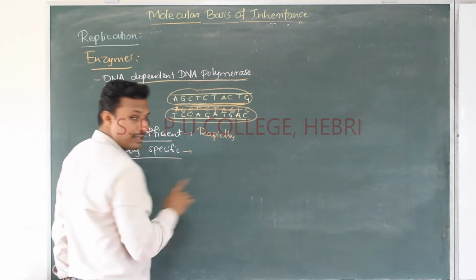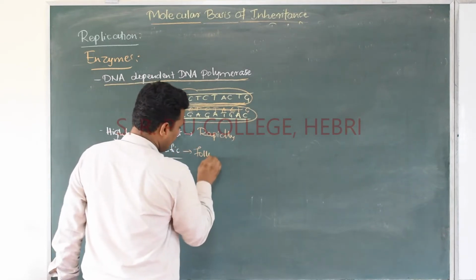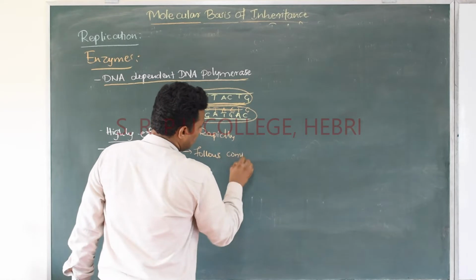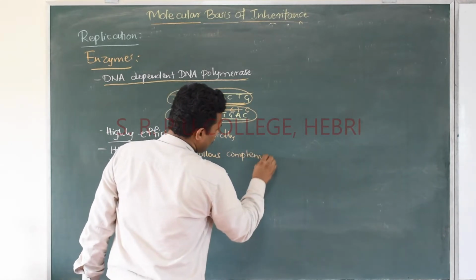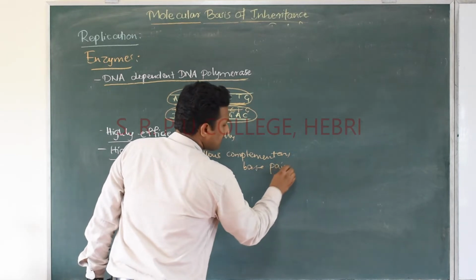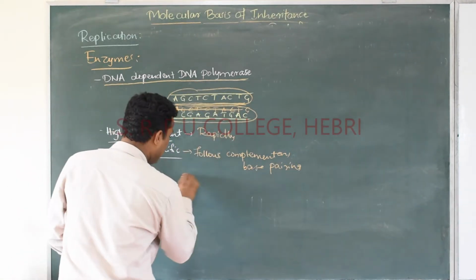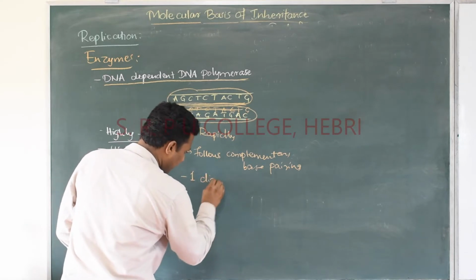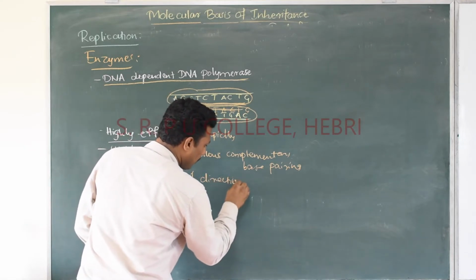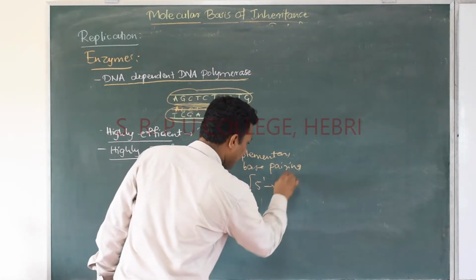It always follows complementary base pairing, and the DNA dependent DNA polymerase always functions in only one direction, that is 5 prime to 3 prime.